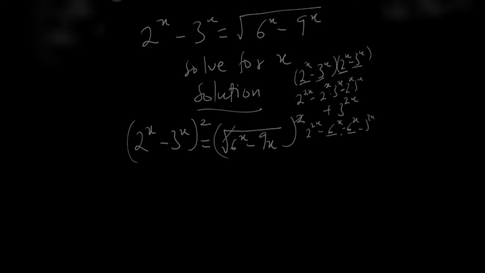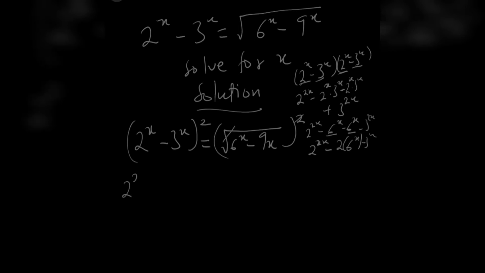We can add these up, so we get 2 power 2x minus 2 multiplying 6 power x plus 3 power 2x, equals 6 power x minus 9 power x.